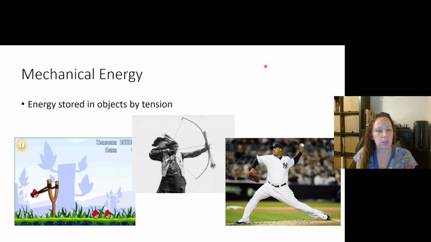So you have the Angry Birds example with the slingshot, someone pulling back a bow and arrow, you holding your arm back, and there is some tension to throw that ball by the baseball player. Those are all potential forms of mechanical energy. They have not released that bird or arrow or ball yet, but there is potential there with energy being stored.